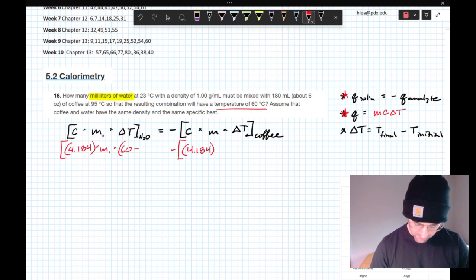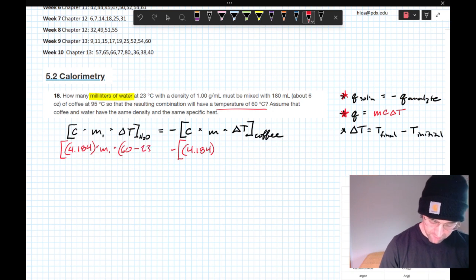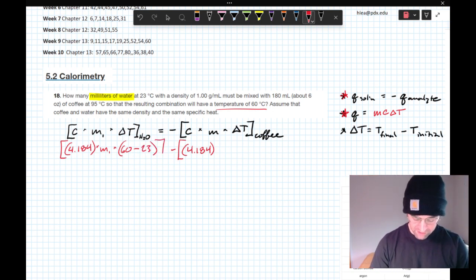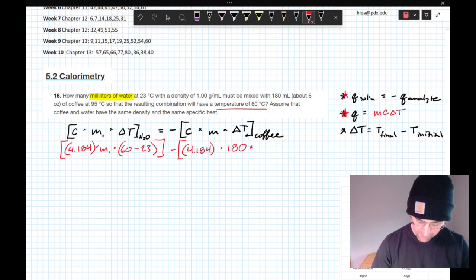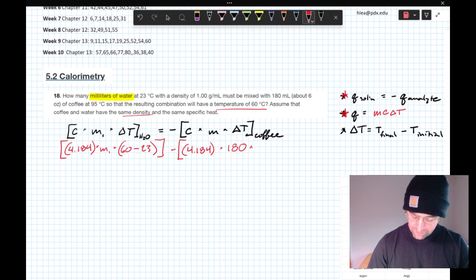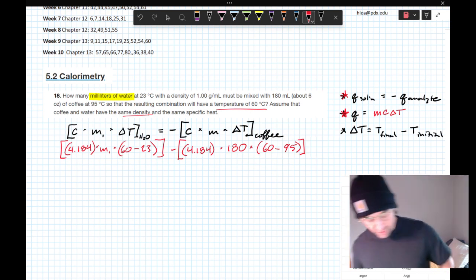And we're starting with 23 degrees Celsius for our water. We're given 180 milliliters or 180 grams of coffee. Remember that they have the same density as the water. And then our delta T is, we want a final of 60 degrees Celsius, and we're starting at 95 degrees Celsius. So let's run those numbers.